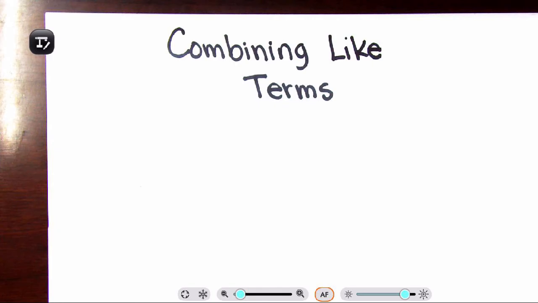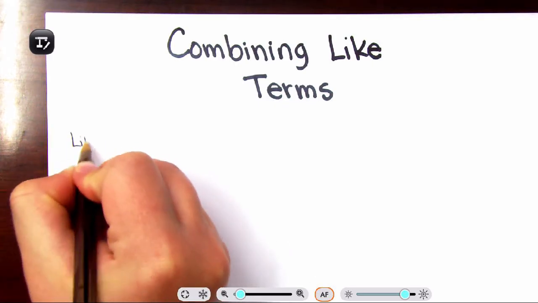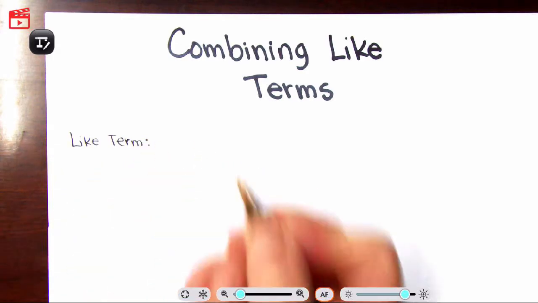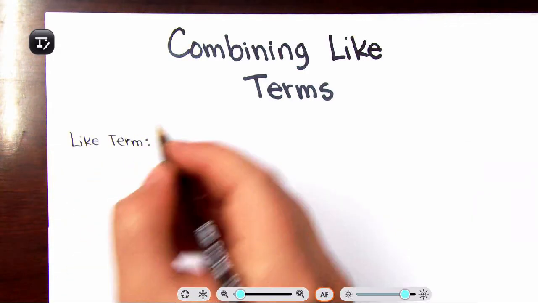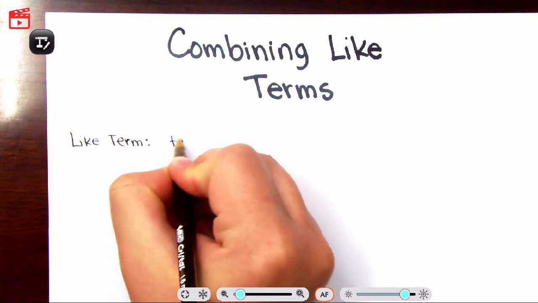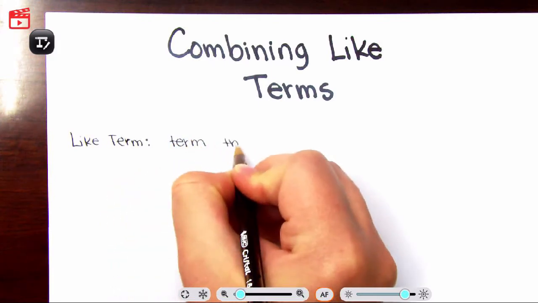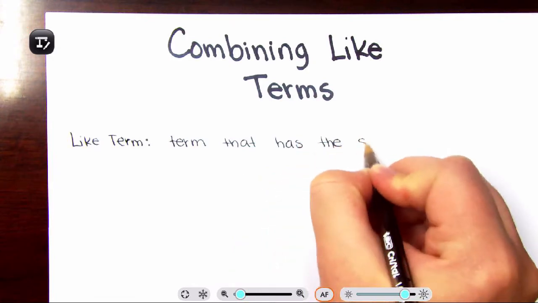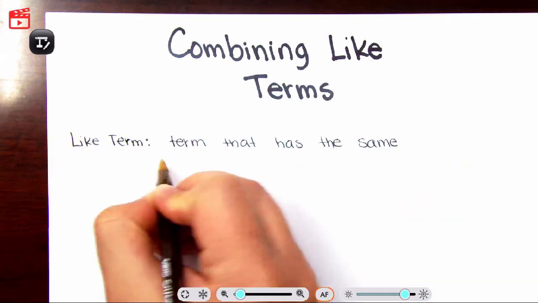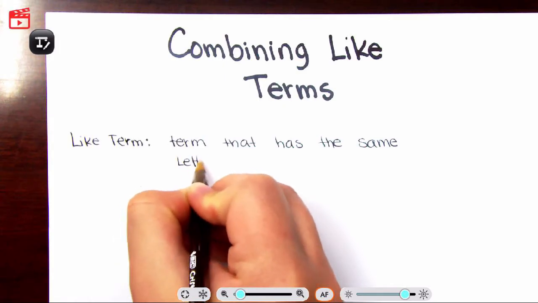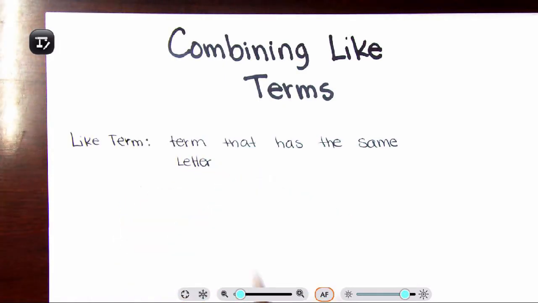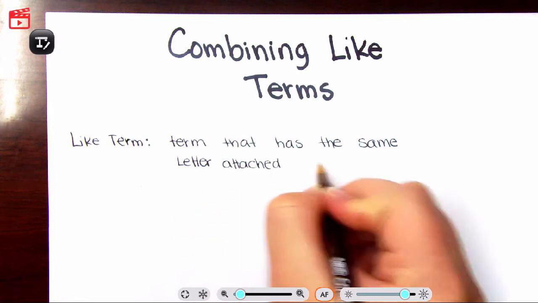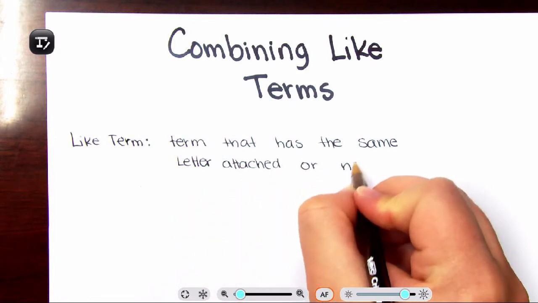Now, a like term, we're going to define that in this class as a term that has the same letter attached, or no letters attached.